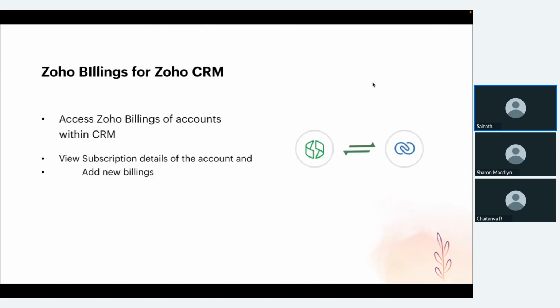You can access the billing within the CRM itself, and you can see all the subscription details. When I say subscription, I gave a mobile phone as a purchase example, but here we can go for an online subscription.